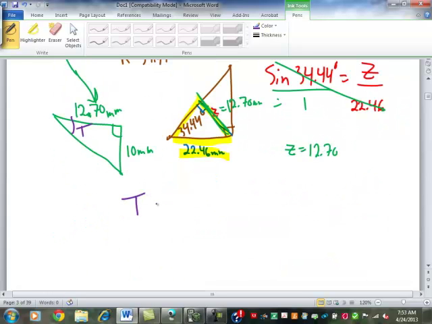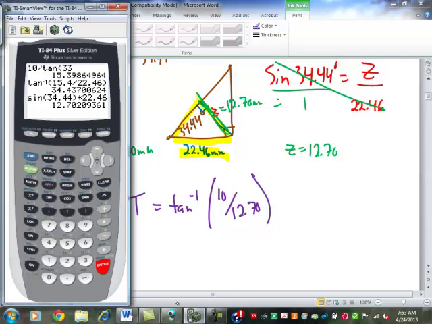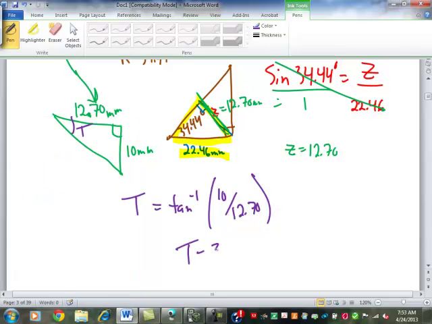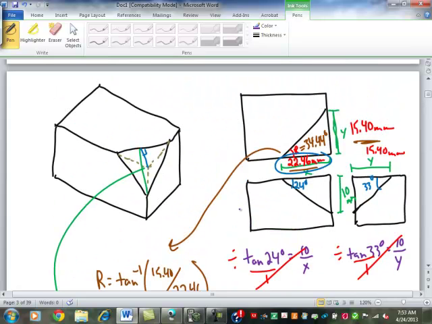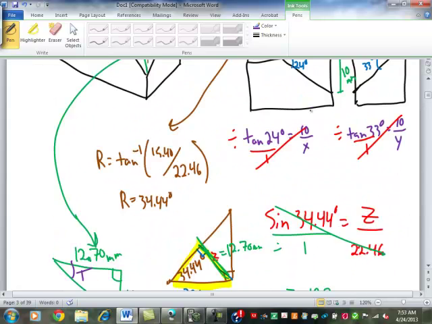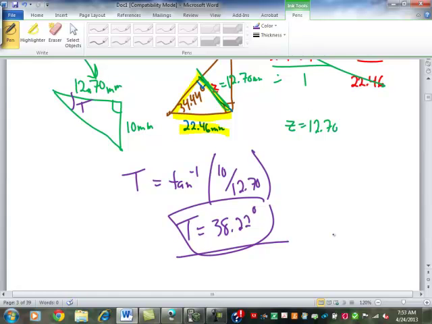So our angle of tilt is the inverse tangent of 10 over 12.7, which is 38.22 degrees. So we rotate 34.44 degrees, tilt 38.22 degrees, and we can mill that surface.